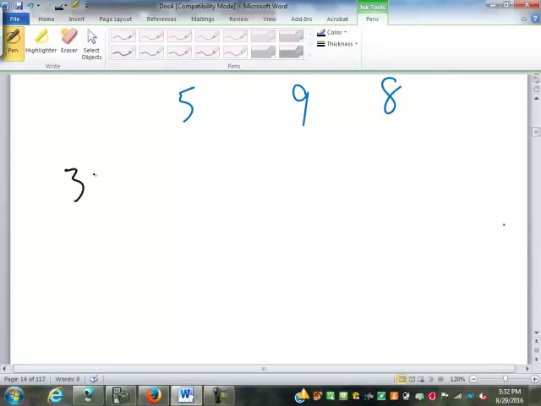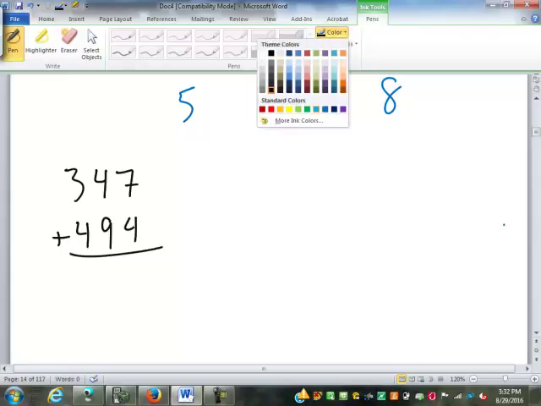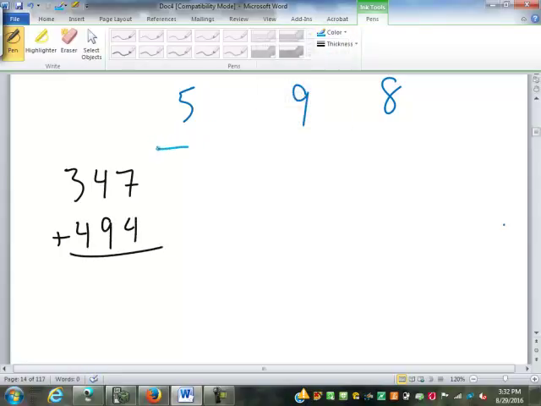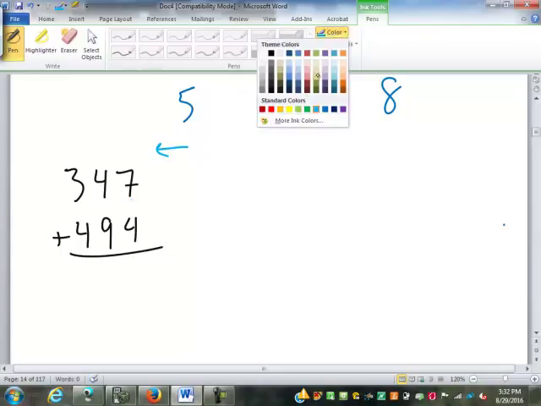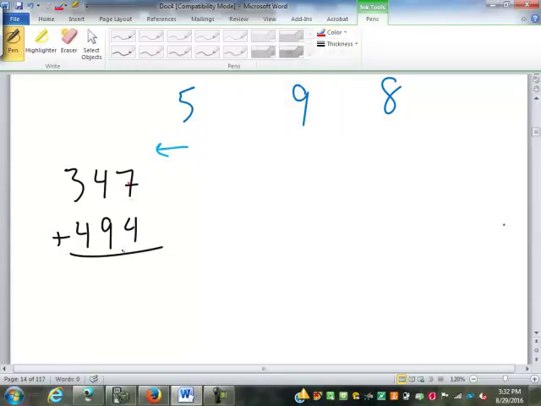When you run into something like 347 plus 494, we start on the right and work our way back to the left because we run into this. 4 plus 7 is 11.